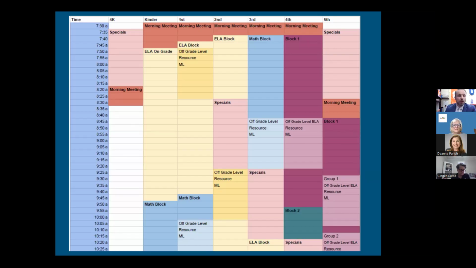And then our interventionists can also pull kids during that time to make sure that they're not missing the core content instructional piece when they're in there with the classroom teacher. And then what we're left with, and what we've been pushing our classroom teachers to do, is that you should be left with a group of kids in there that's a little bit smaller that you can really get some stuff done with, and that wouldn't be a tier one time, right?